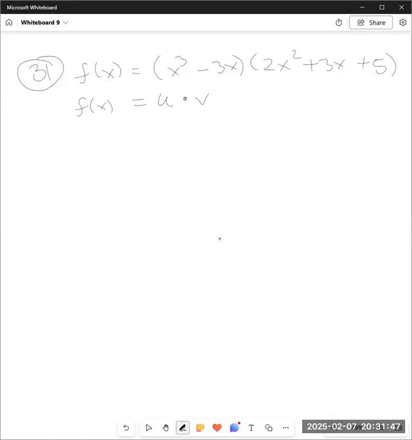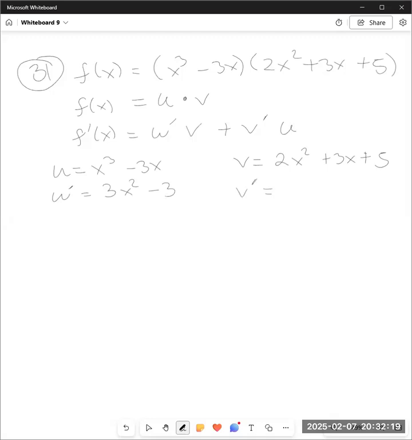So f prime of x is going to be u prime v plus v prime u, where u is equal to x cubed minus 3x, and v is equal to 2x squared plus 3x plus 5. u prime is 3x squared minus 3, and v prime is 4x plus 3.